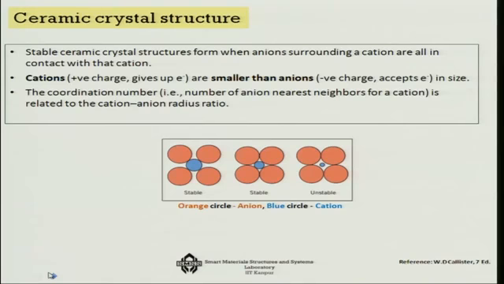Now some ceramic crystal structures are more stable than others. Why? Because if you look at the ionic bonding based ceramic structures, you have cations and anions, and generally the cations are smaller than the anions, like there is a cation here and all around there are these anions.